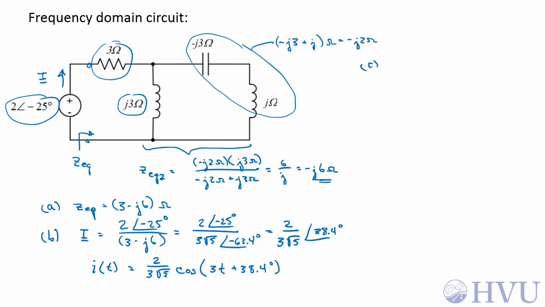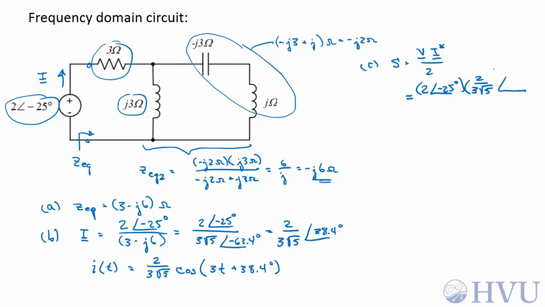Part C, I need the complex power. S is a voltage phasor, V, times the complex conjugate of the current, over 2. So substituting in my numbers, V is 2 at an angle of minus 25 degrees. The current magnitude is 2 over 3 square root of 5 at a phase angle of 38.4.